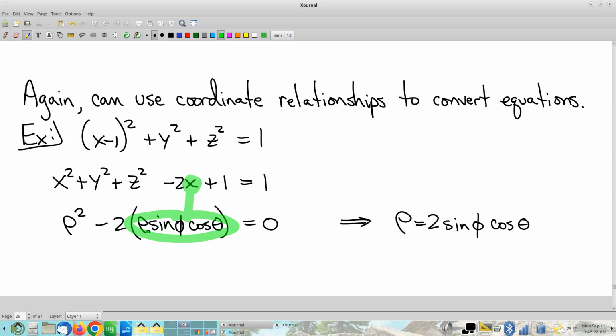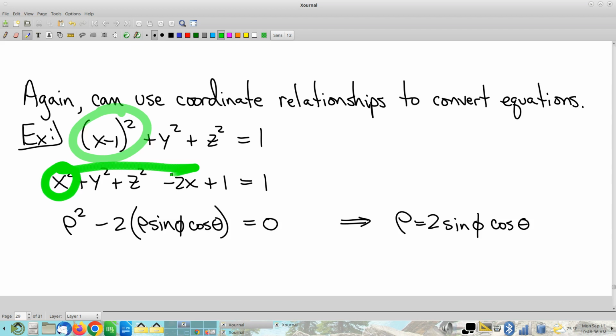Sometimes, such as in this case, it's really helpful to first square out your square. Get all your terms visible. And once you have all your terms visible, you might get lucky, as I did here, and find that I can just immediately write that down as rho squared, and we just saved ourselves a bunch of trig.